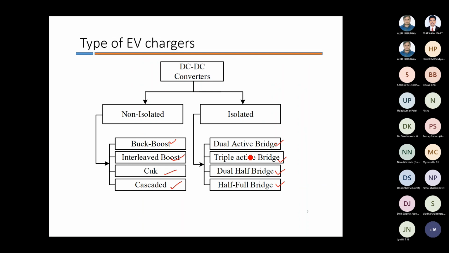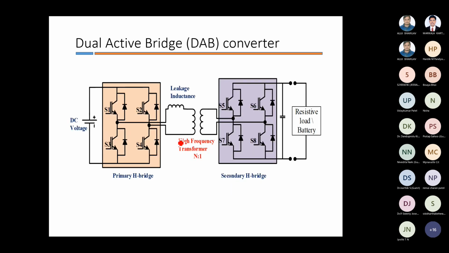The operations and advantages of isolated DC-DC converters have been explained in the previous session by Dr. Indra Sarkar. Now I'm going directly to the dual active bridge, because the dual active bridge is commonly utilized for DC-DC chargers.